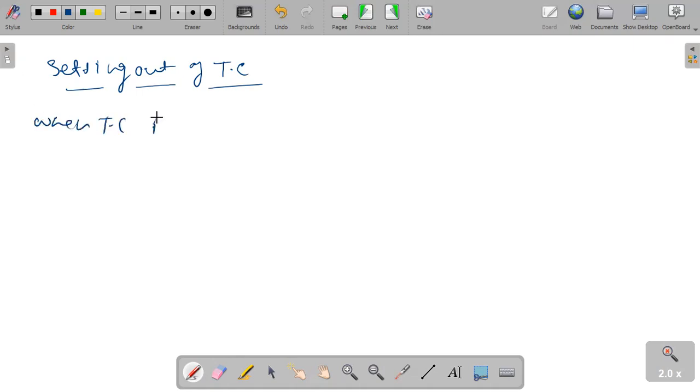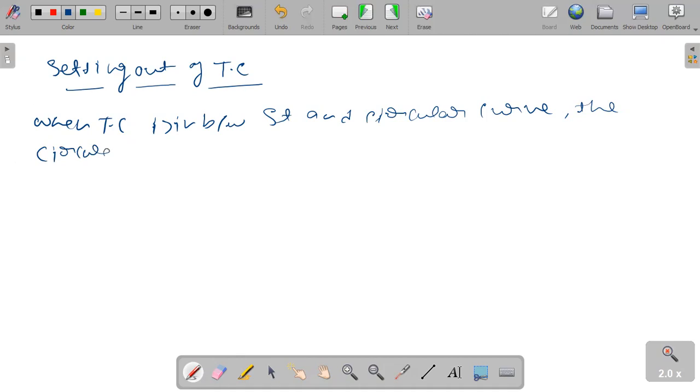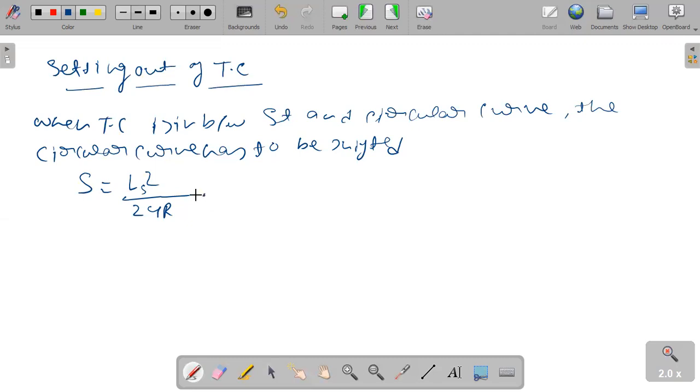When transition curve is in between straight and circular curve, the circular curve has to be shifted. Shift S is equal to Ls square by 24 R. Okay, so this is all about transition curve.